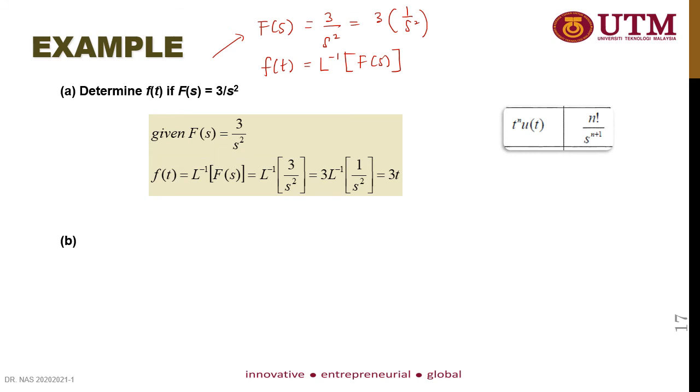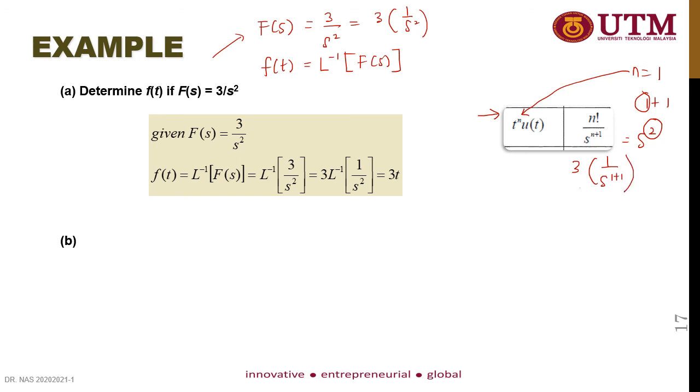Okay, so refer to the table. The closest function is this in this shape. Again, you know s to the power of 2, so you know it is 1 plus 1. So here your n equal to 1. So in this case, you have 3 times 1 over s to the power of 1 plus 1.